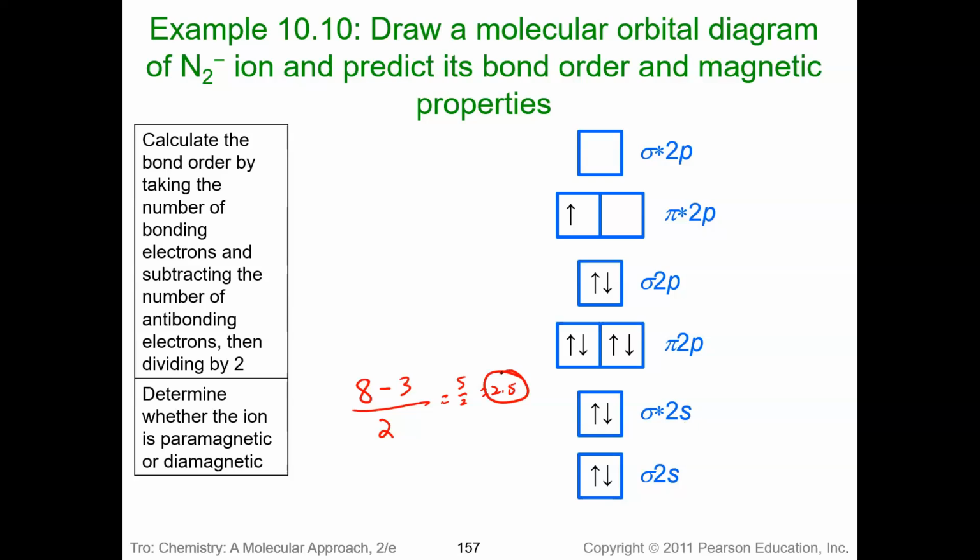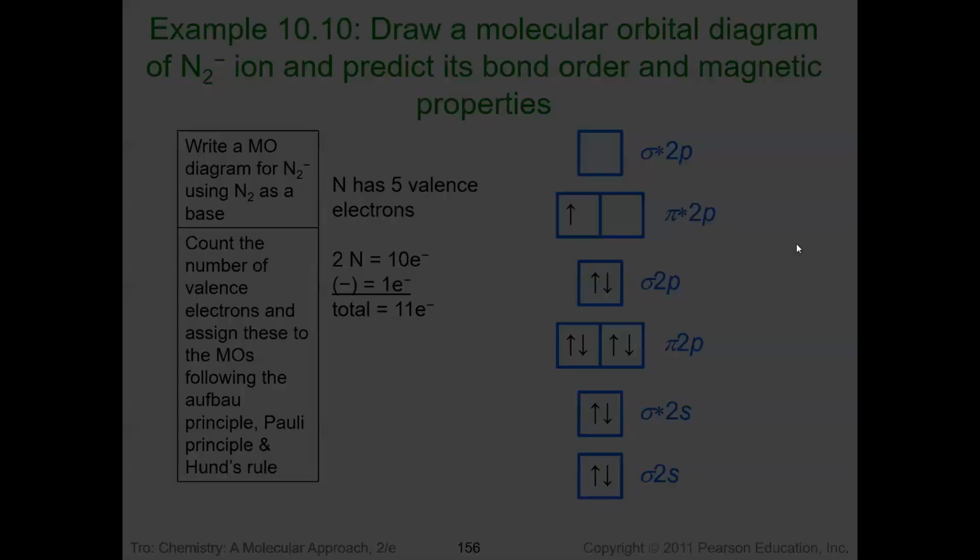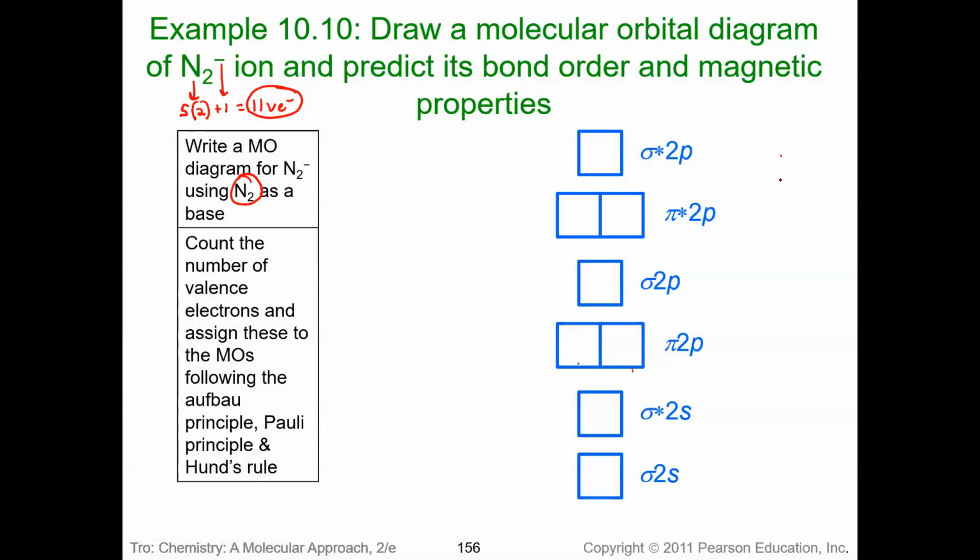Now, we have an unpaired electron, so this is going to be paramagnetic. But what if we did it for N2? Just wondering. N2 has 10 valence electrons, right? So if this was N2, it has 10 valence electrons.